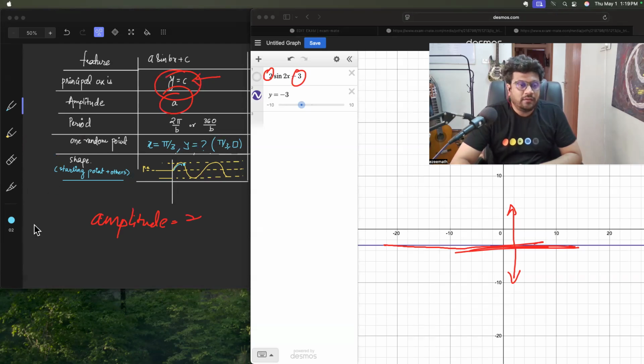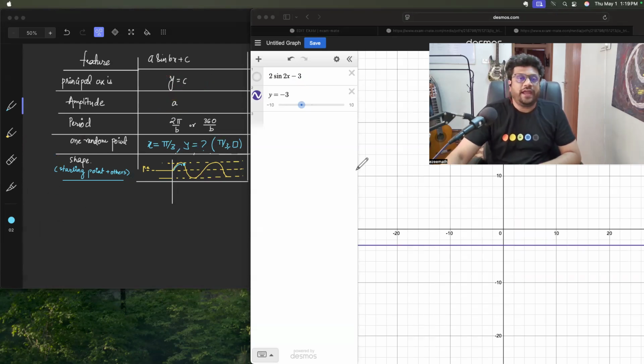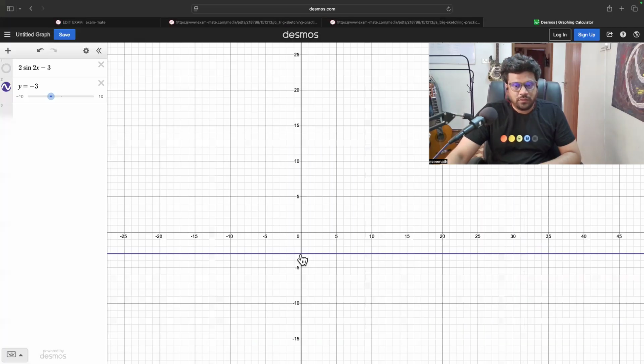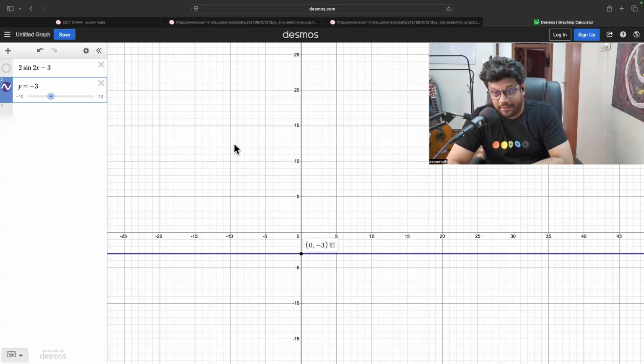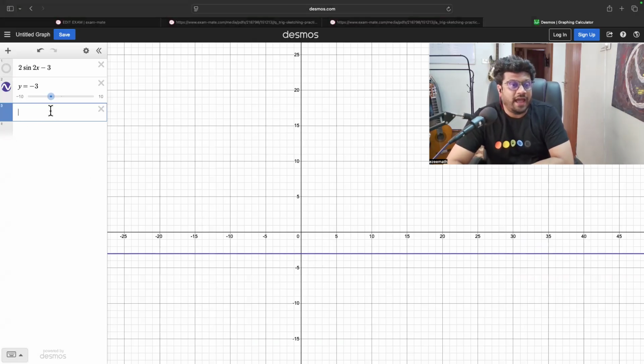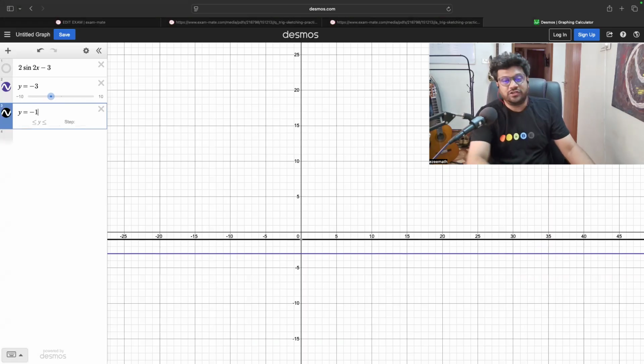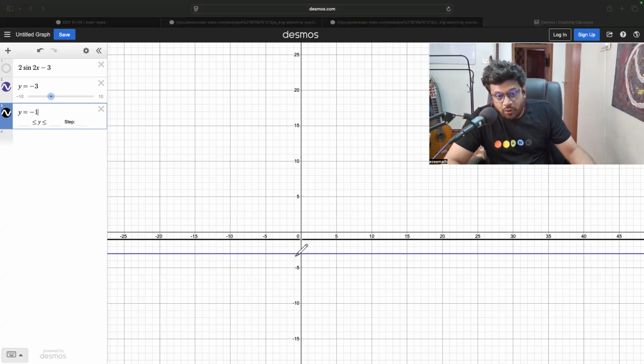Well, what is the location of the principal axis? Minus 3. For the amplitude being 2, the curve will go as high as y equal to minus 1. You can see, it'll go 2 units up. From minus 3, it reaches minus 1.